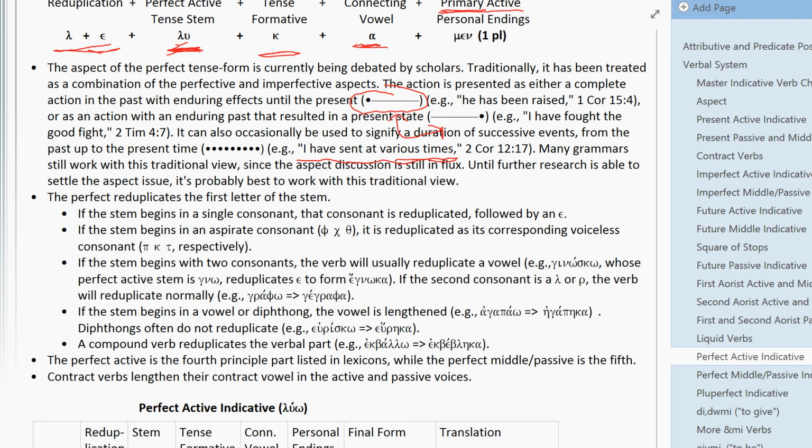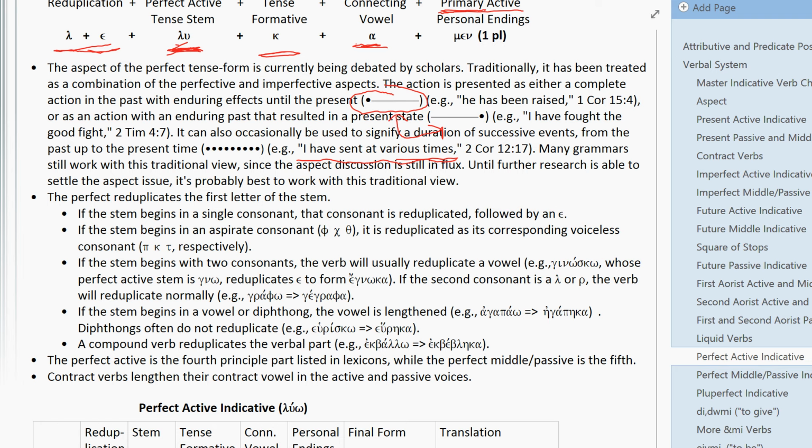Phi, chi, theta, so you're sending air through to make the noise. So it's hard to reduplicate that like fef or something like thethithimi. It would sound very silly. So what it does is it takes the corresponding consonant that does not have the breathiness to it. So for the phi, it would be pi, for the chi, it's kappa, and for the theta, it's tau.